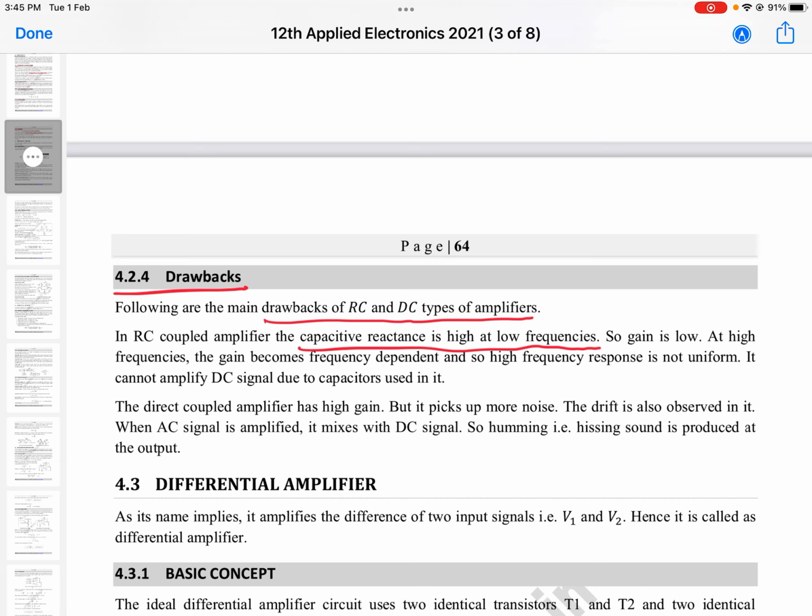As we are connecting the capacitors between amplifier 1 and amplifier 2, then amplifier 2 and amplifier 3, the capacitor produces certain opposition to the signal, and due to that we do not get that much strong output. For that we have to use more stages of amplification.